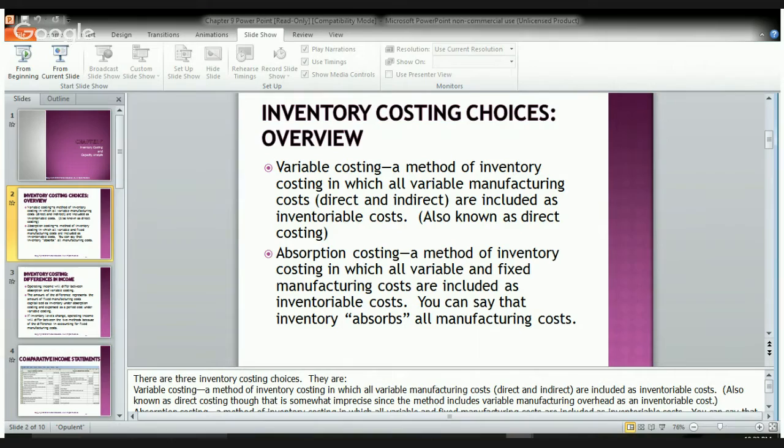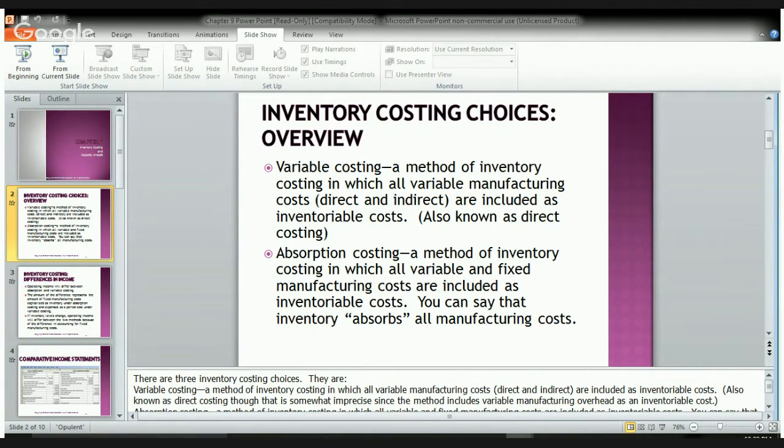Now let's take a look at the two different types of income statements that we get from variable costing and absorption costing. Let's look at the variable costing first. We have revenues, and basically they're going to be selling 6,000 units here at $1,000 per unit. So the revenues are $6 million. In both cases, we're not going to have any beginning inventory.